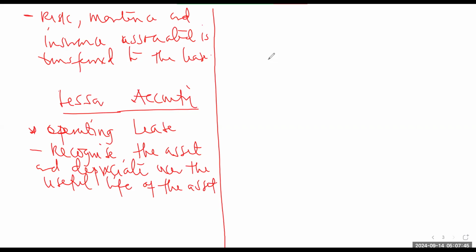So the lessor will still be the owner of the asset, and the asset will still be in the books of the lessor. The lessor will now depreciate it if it's a depreciable item. Or if the question is telling you that the lessor carries the asset at fair value, then that will entirely be investment property.